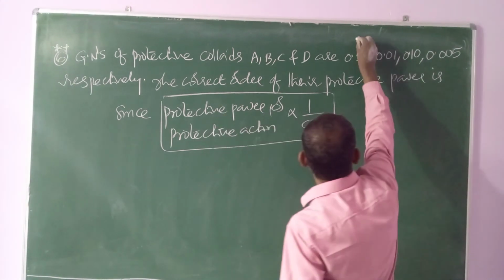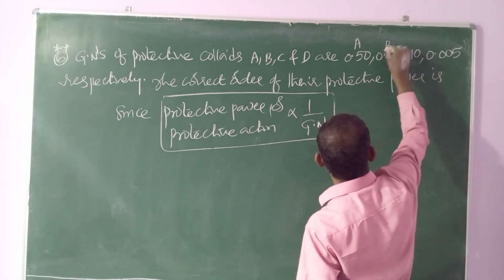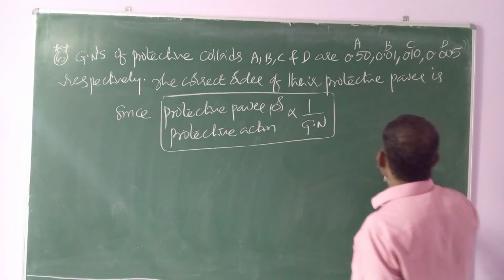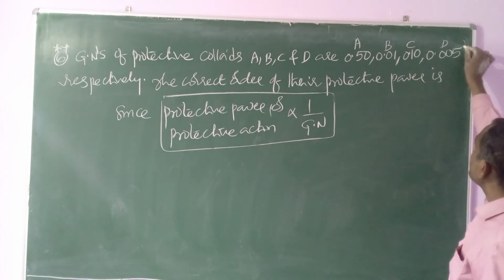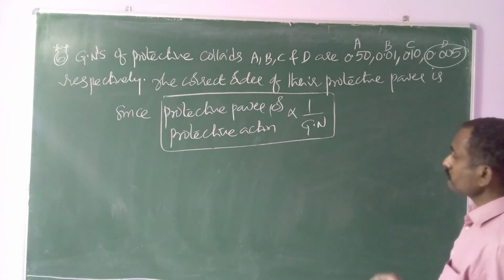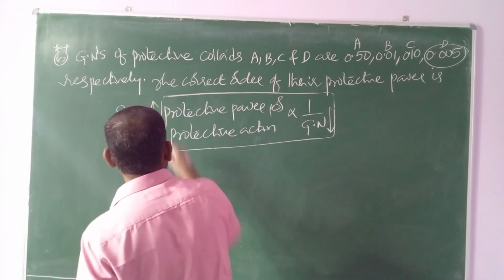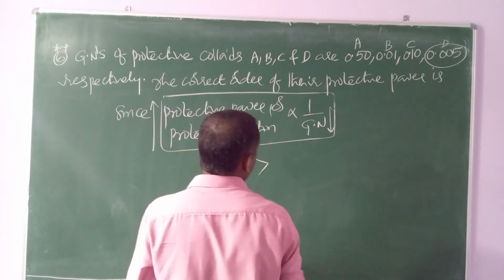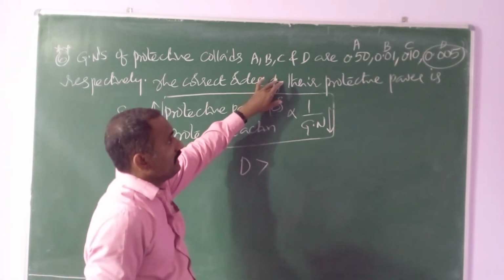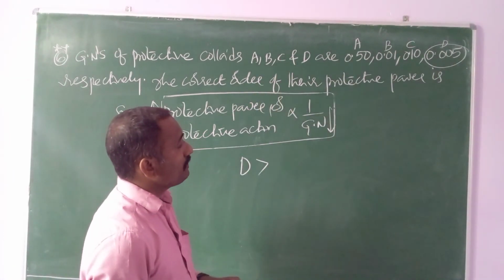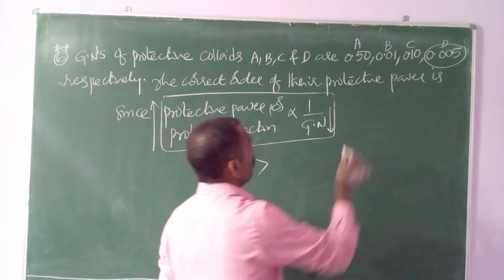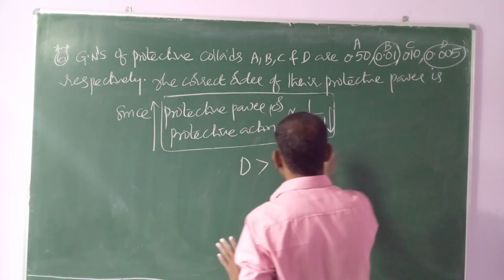Here 4 lyophilic sols are there, A, B, C, D. Among all these, for D, gold number less. Gold number less means protecting power is more. Hence, among all these, D has more protecting power. Next to D, which has less gold number, B, 0.01.